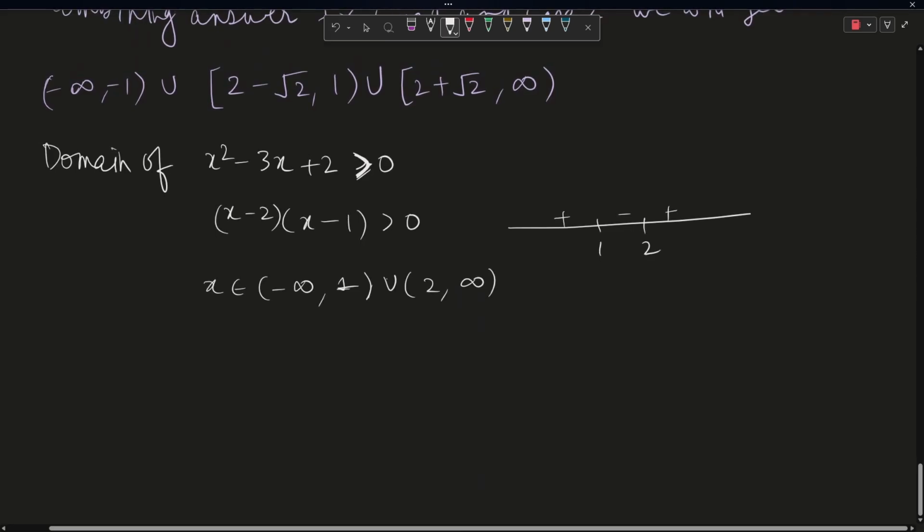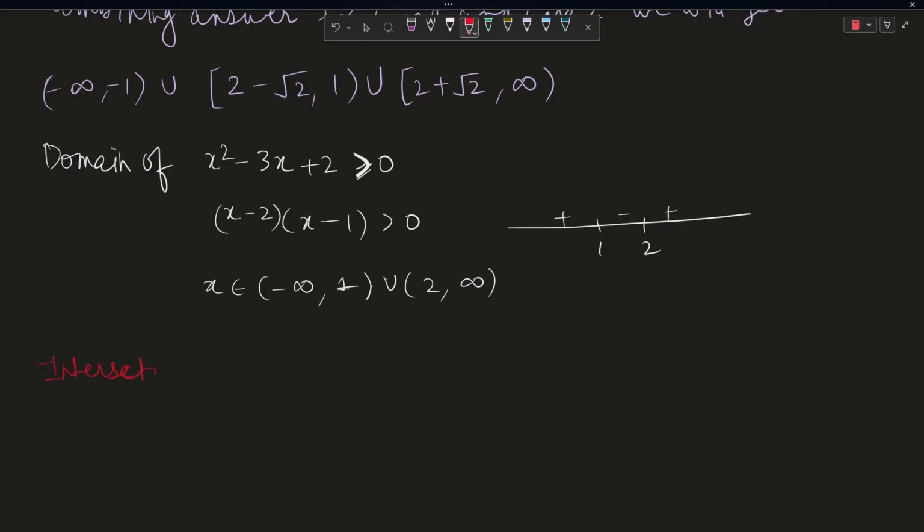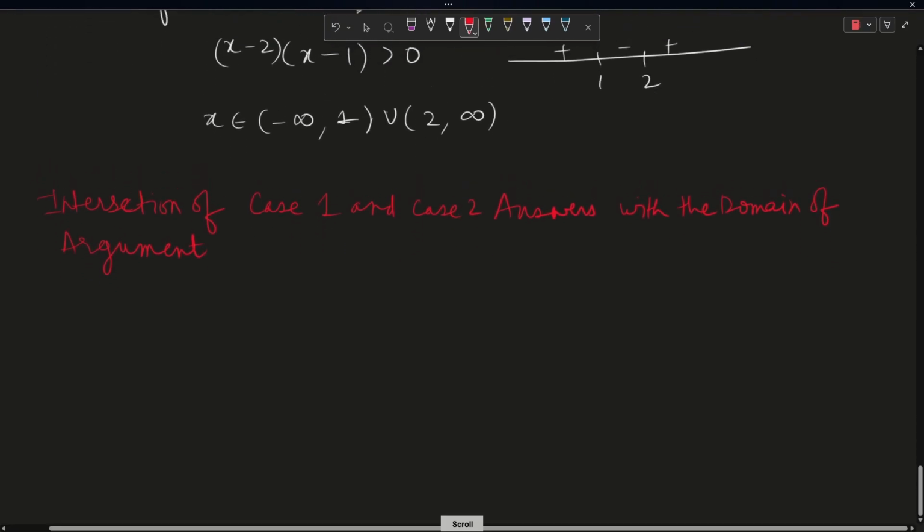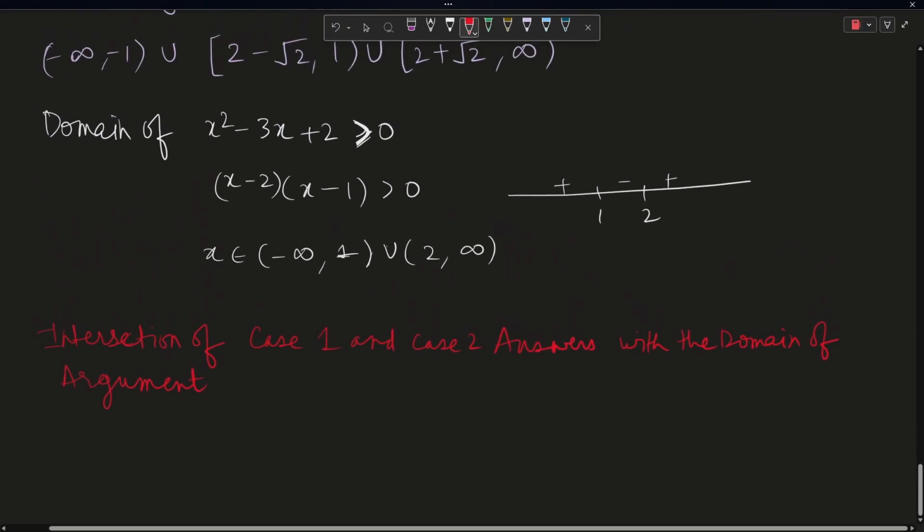We will be doing the intersection of the case 1 and case 2 answers with the domain of the argument. So let's draw the number line.